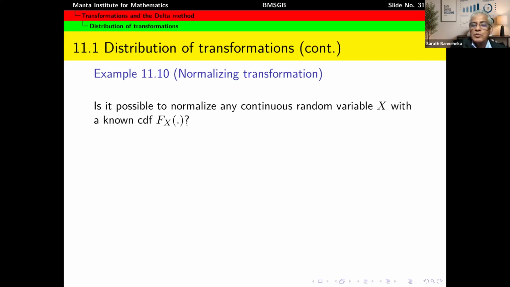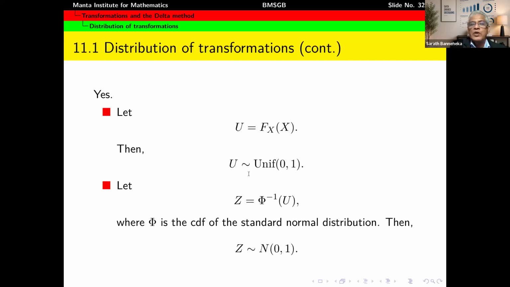So that's going to be very useful. You can convert your X data into Y, where X has some non-normal distribution, but Y will have a normal distribution. So is it possible to normalize any continuous random variable X with a known CDF? The answer is yes. So what do you have to do?